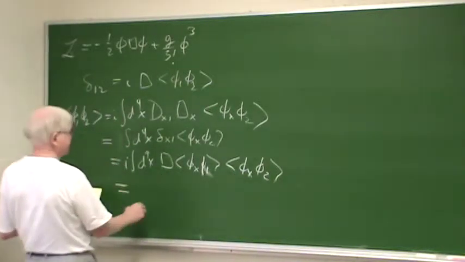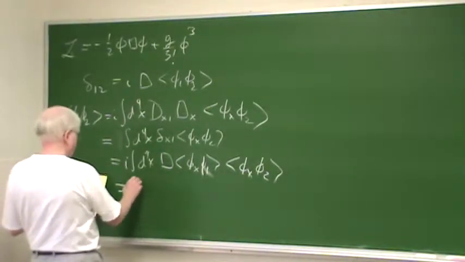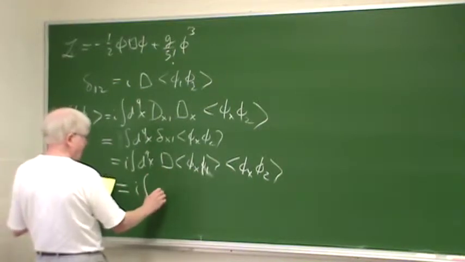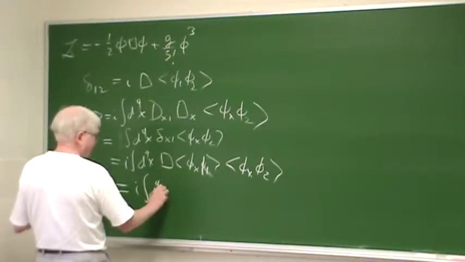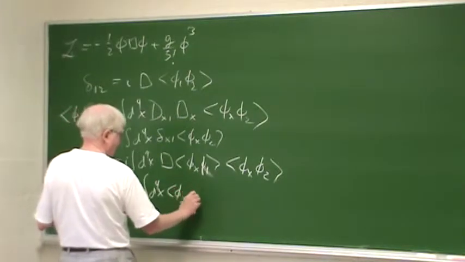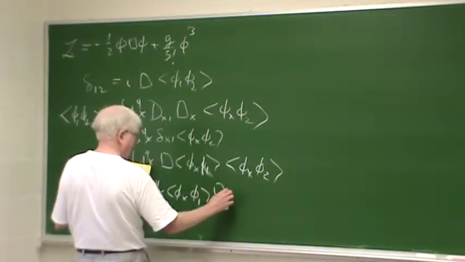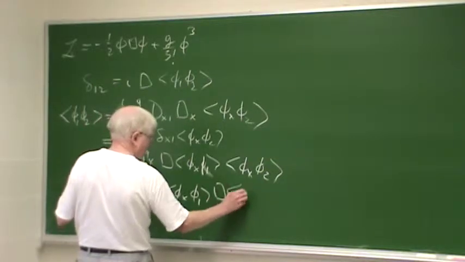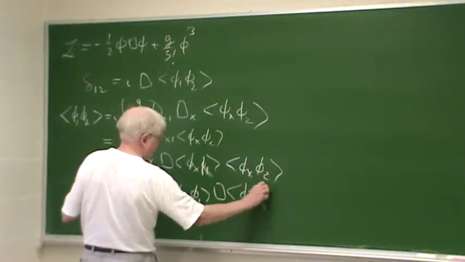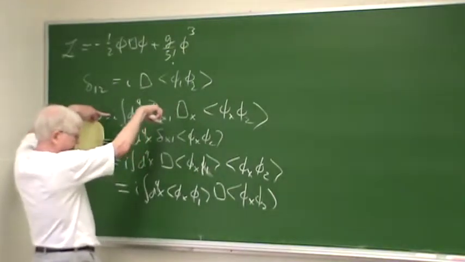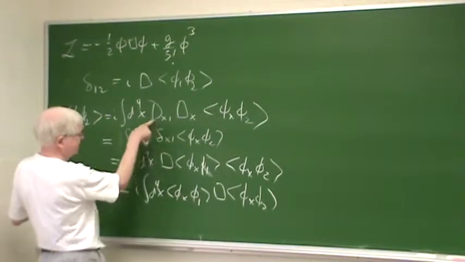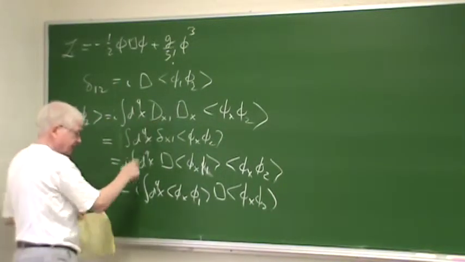Because then this is i d^4x <phi_1 box phi(x) phi_2>. So that's the top line. And where this is equal to that. Okay.